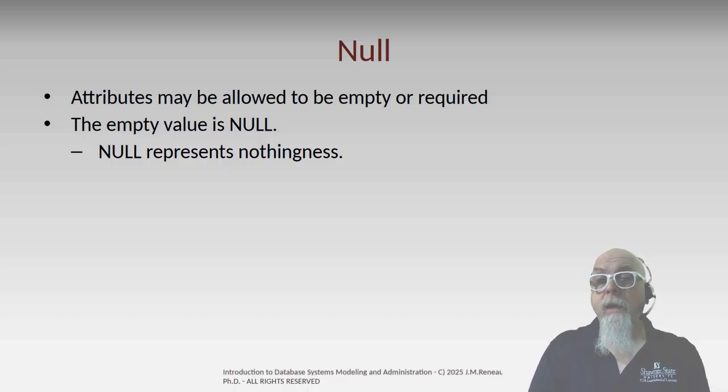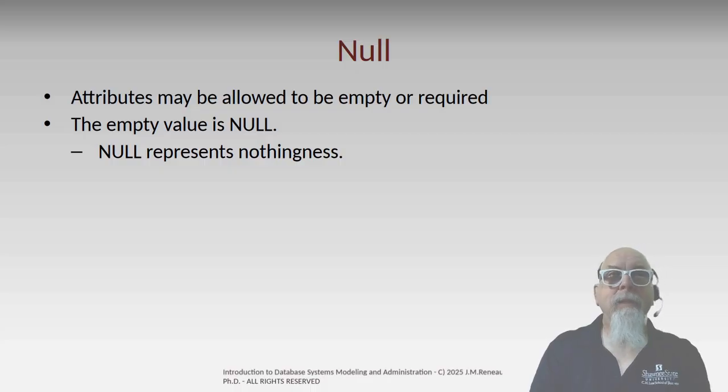For instance, someone's name. Could we have a customer with no name? Well, we probably would say no, they have to have a name. So we would define that attribute with a range of not null because they can't have no name. Could we have a customer who won't give us their address?